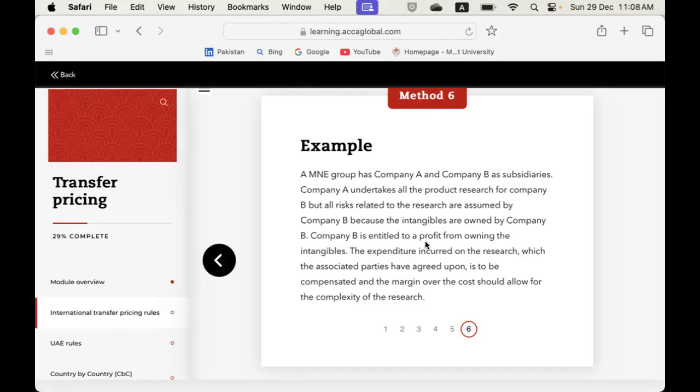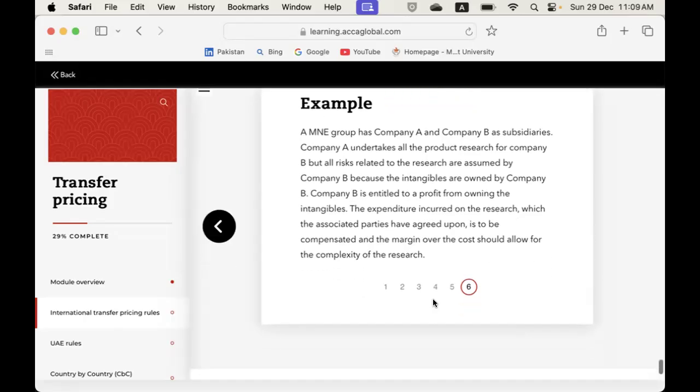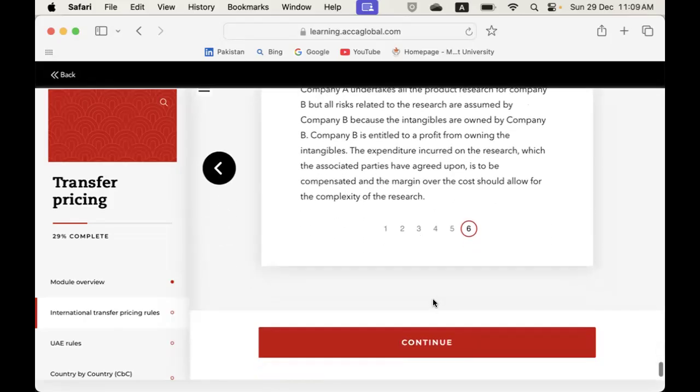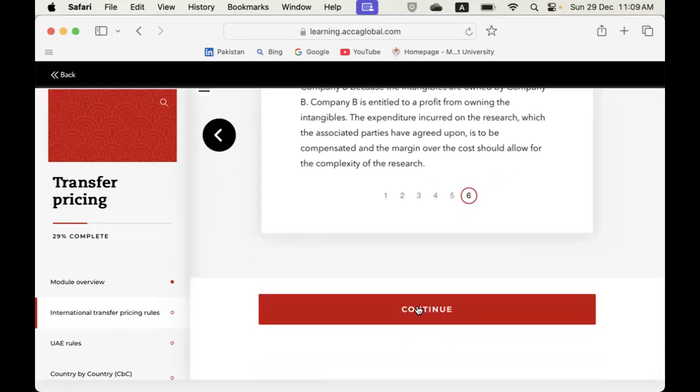Company B is entitled to a profit from owning the intangibles. The expenditure incurred on the research which the associated parties have agreed upon is to be compensated, and the margin over the cost should allow for the complexity of the research. So company A, who is actually doing the very ground level work for the research, will have the facility to charge a markup on the costs that are incurred. That's cost plus.